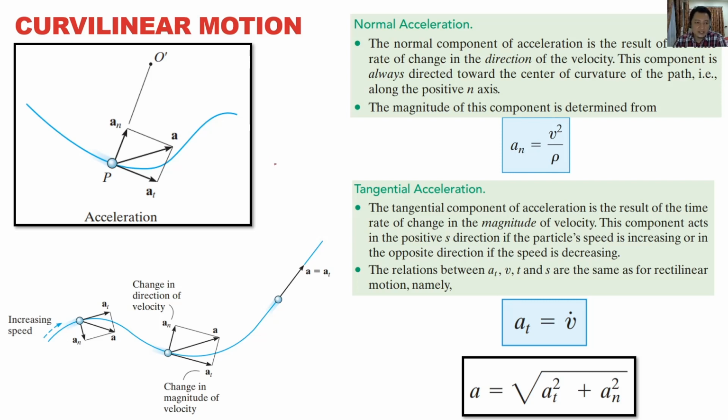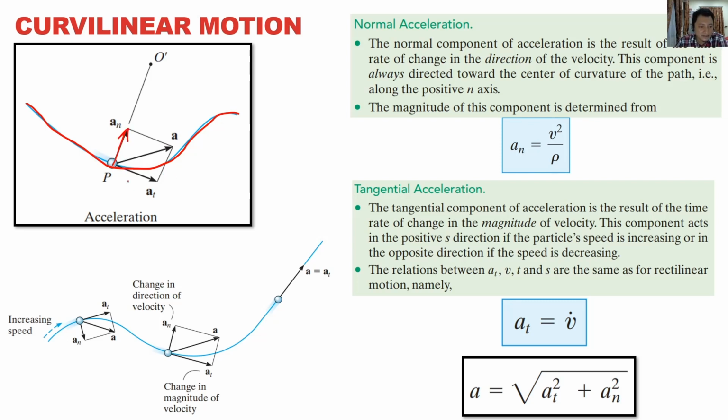So curvilinear, there is something called when you are moving at a curve. This is a curve. When you are taking a curve, if you are traveling even at constant speed, there is something called A normal.